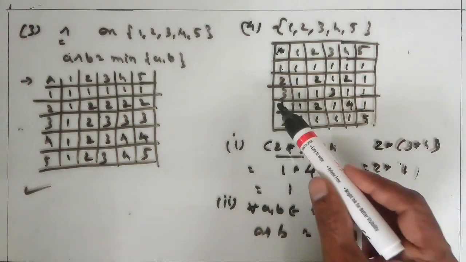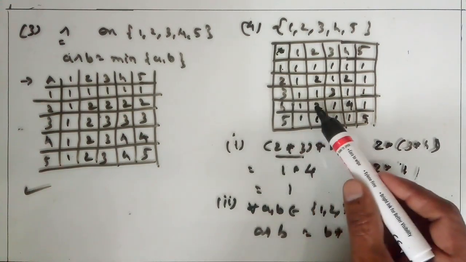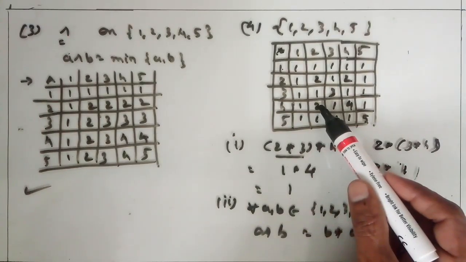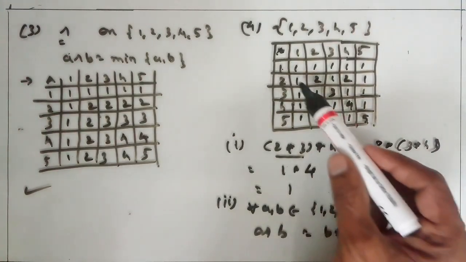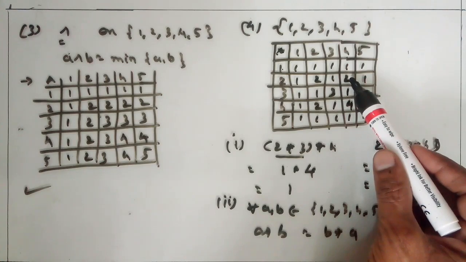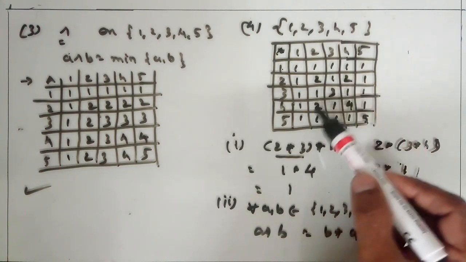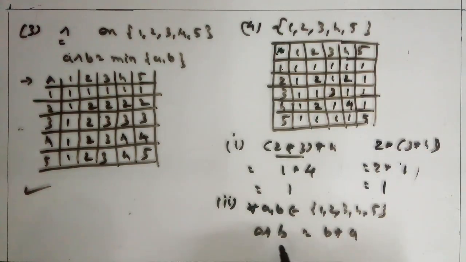Like 4 star 2 is equal to 2 and 2 star 4 is also equal to 2. Both have the same value 2. So we say that A star B is equal to B star A in general. Therefore, this star operation is commutative. Clear? This is commutative. Clear?